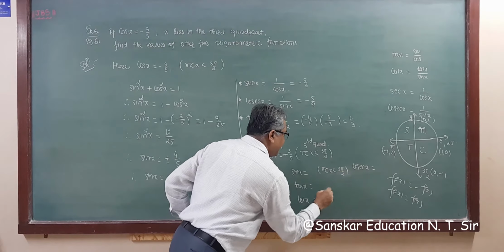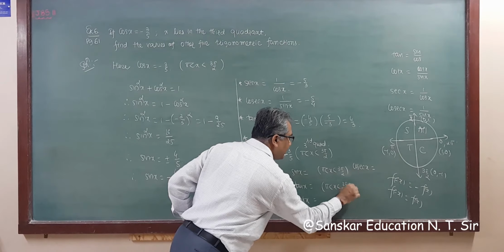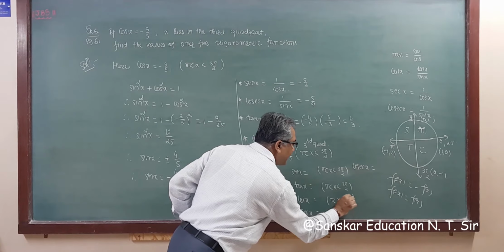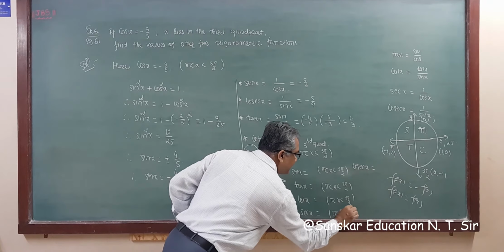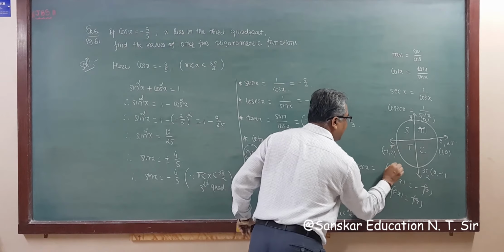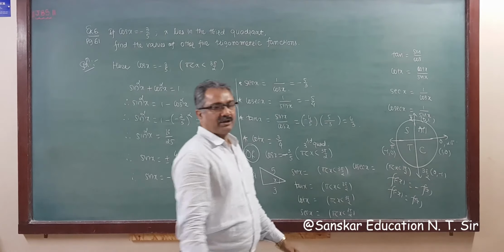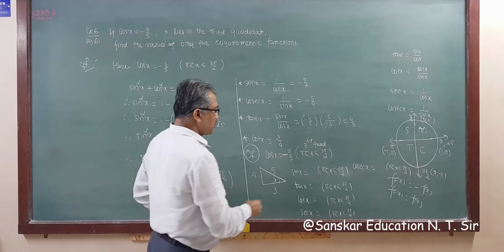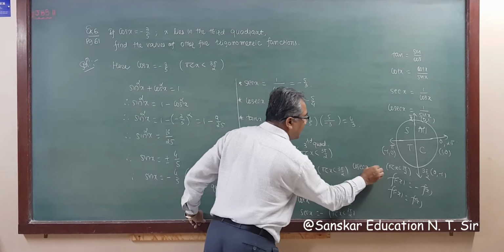Write this here, here, here, and here also. Third quadrant means tan and cot are positive, all others are negative. So this is negative, this is positive, positive, negative and negative.